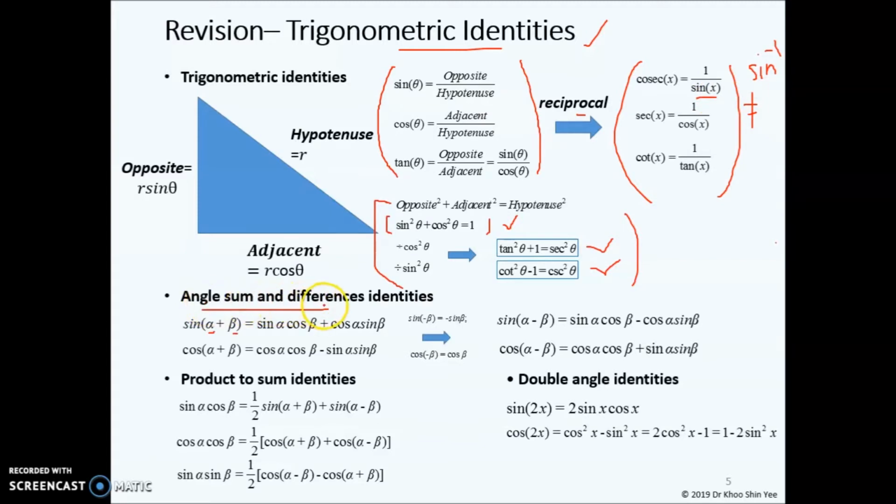For the angle sum and difference identity, basically we can convert the product here become summation, or the product here become subtraction, which means that if you have an integration problem like this one, you want to differentiate it, let's say with respect to x.